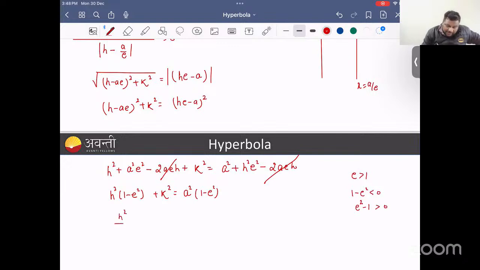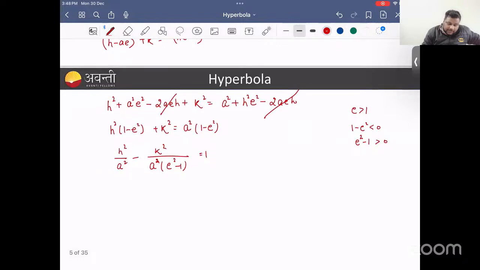So I am going to use E square minus 1, which will be positive. So it will become H square upon A square plus K square upon A square into (1 minus E square, which I write as E square minus 1 with a negative sign), equals 1. Correct? So, what will be the locus?